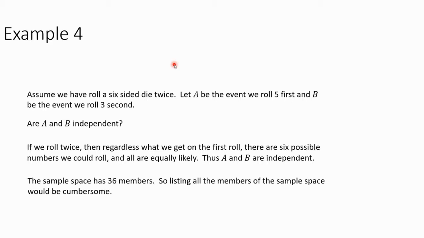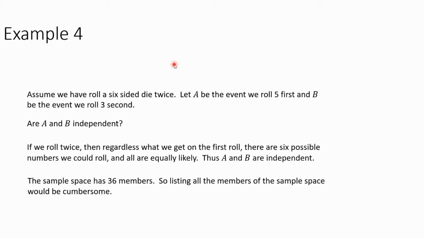Well, we could go through the sample space and list all the possible outcomes. But if you just think about it, you're rolling twice, right? Each time you roll, you're not taking a number off the die. Each time you roll, there are 6 equally likely outcomes.